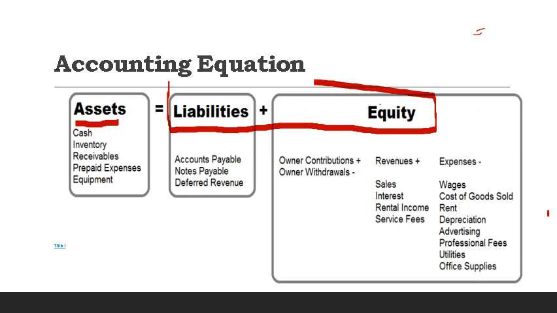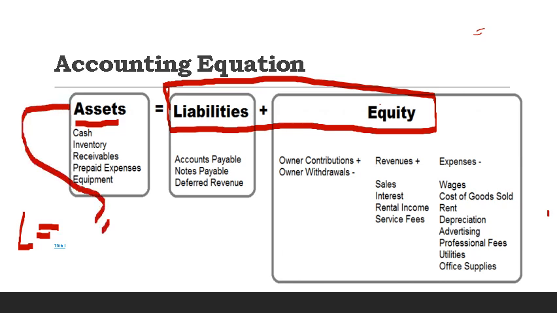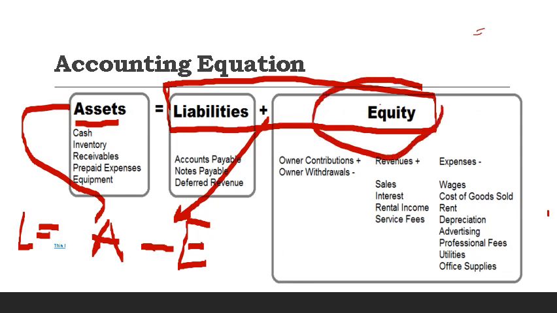If we want to compute for liabilities, assets minus equity. If we want to compute for equity, assets minus liabilities. If we want to know your total assets, you have to add your liabilities plus equity.